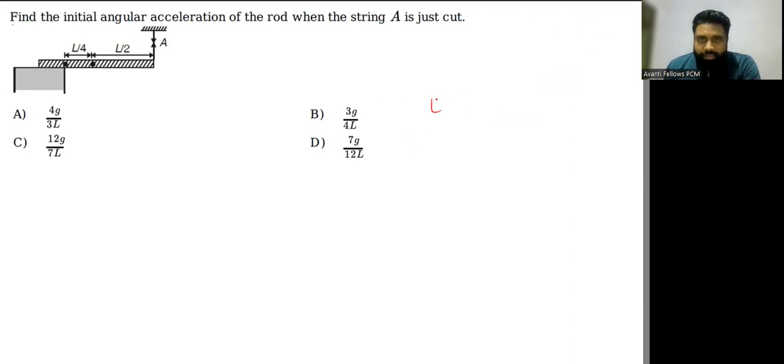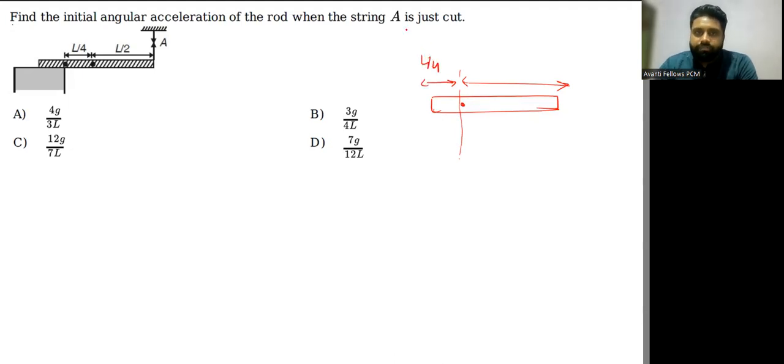Now you can see here the rod is rotating about this point, which is at L by 2 plus L by 4, or from here it is at L by 4 position. And from the free end it is at L by 4 plus L by 2, which is 3L by 4.